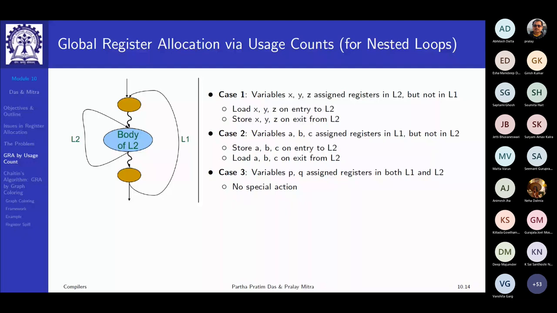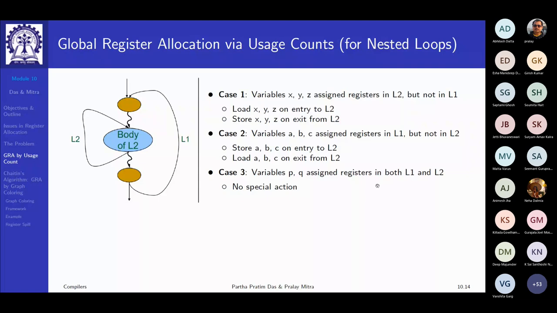Similarly, there could be variables A, B, C, which are assigned registers in L1, but not in L2. If that is the case, then you'll have to store those variables before you enter L2 to make the registers free and load them back as you get out of L2. And there could be variables P, Q, which are assigned registers in both L1 and L2 or in none of them.